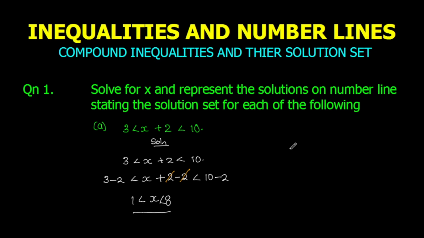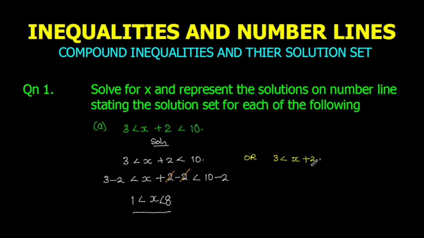Now for the second method, as I mentioned earlier, we pretend this part of the inequality is not there, so we can simply write 3 is less than x plus 2. Then we solve for x.